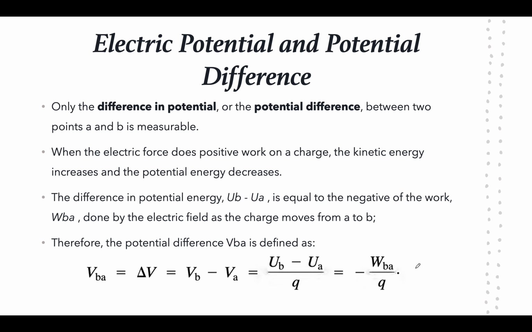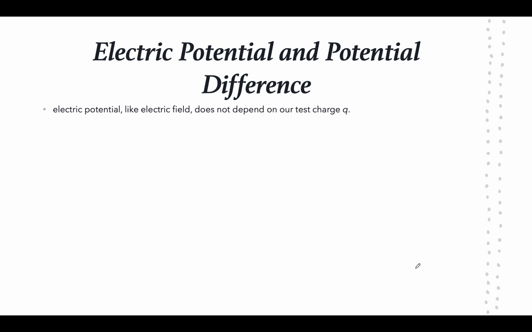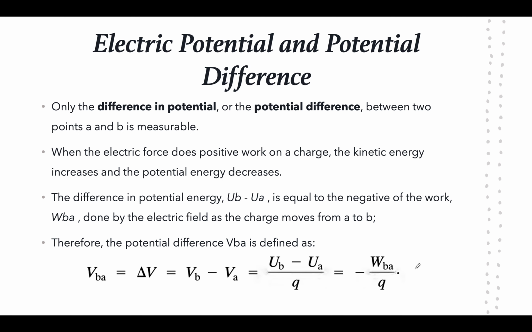However, if we want to define the electric potential at a given point, we can look at the difference if we make one of these points 0 by making the distance between them very, very large. We're going to talk about this in the next couple of slides.